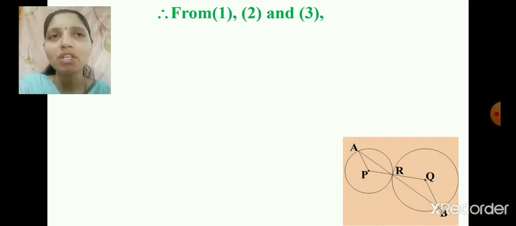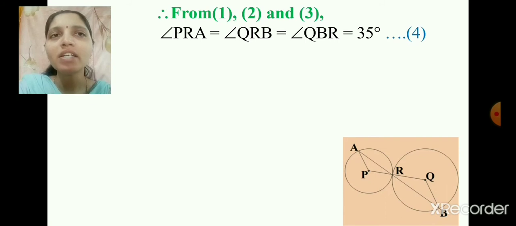What will you get? Angle PRA is equal to angle QRB is equal to angle QBR. The repeated or common angles we have cancelled. So we will get only 3 angles, that are equal to 35 degrees.